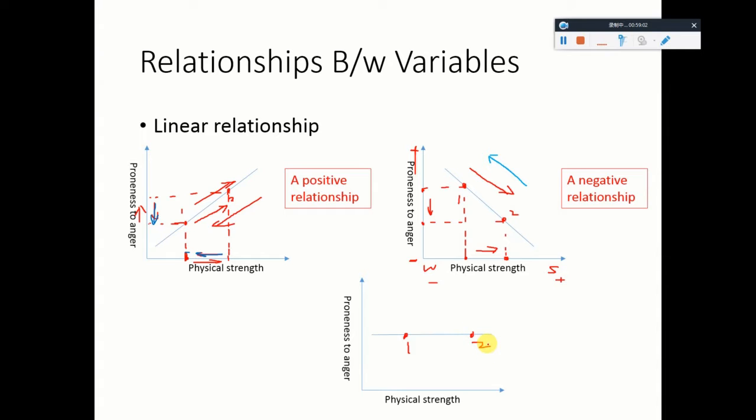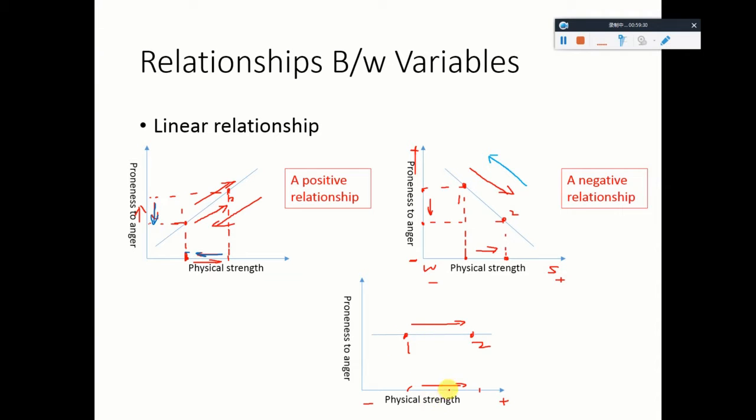So again, we say, well, what if we are moving from point 1 to point 2? That means we're getting stronger and stronger, right? Let's say this weak, this strong. That means the value on one variable is changing as we move from point 1 to point 2. There's no question about that.